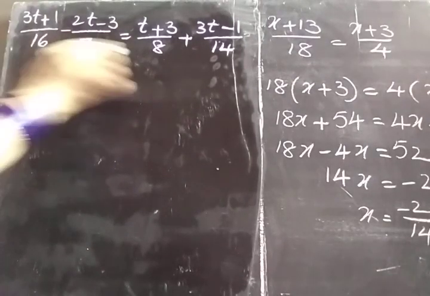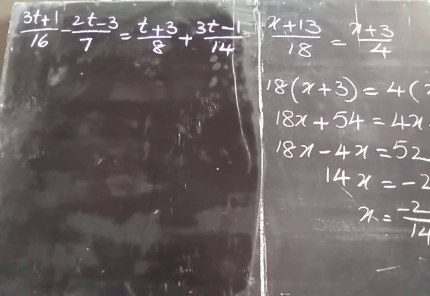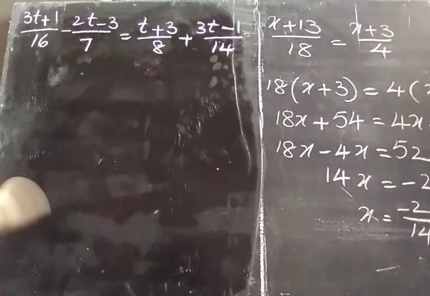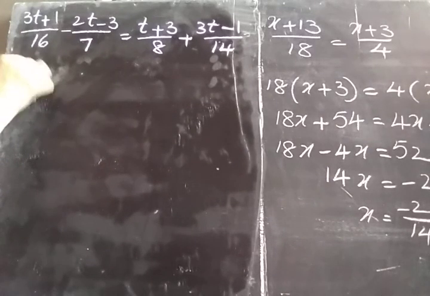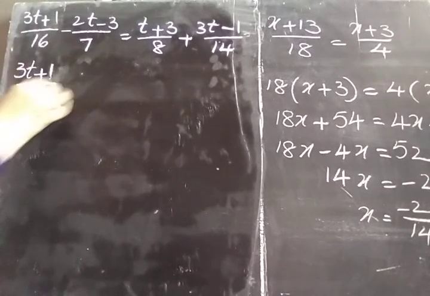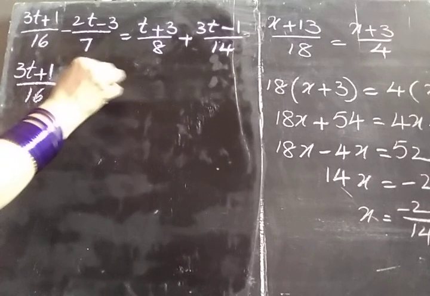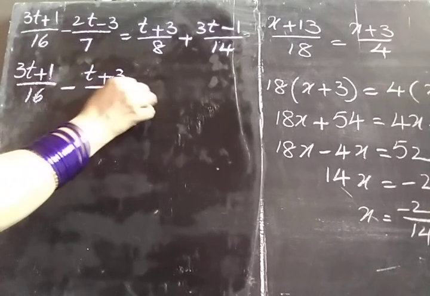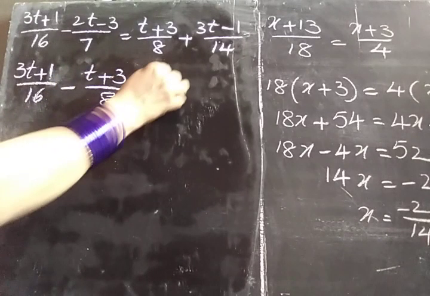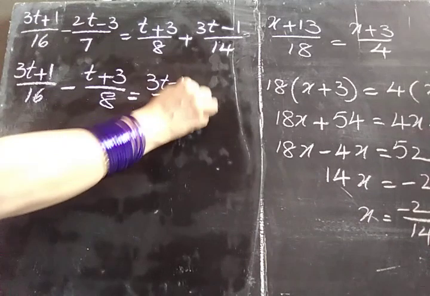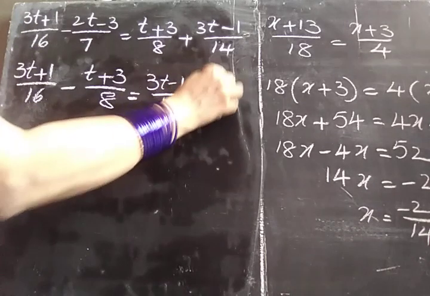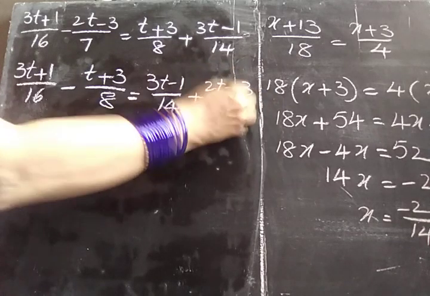Okay, LCM of 16 and 8 is 16 only. LCM of 7 and 14 is 14 only. Easy only, na, so that's why. So (3t + 1)/16 minus (t + 3)/8 is equal to (3t − 1)/14. This minus becomes plus, plus (2t − 3)/7.